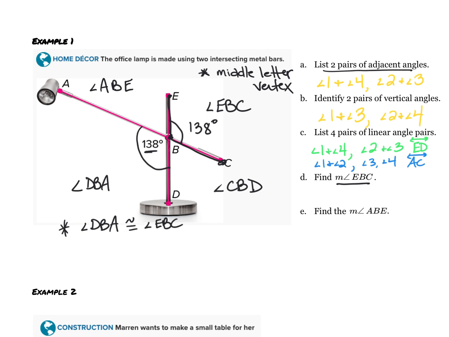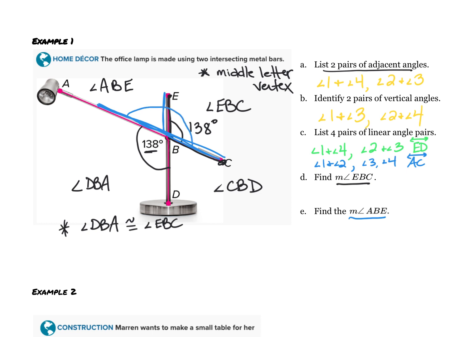Now next, it asks us for the measure of angle ABE. So remember, angle ABE is here, okay? And I already know that AC is a line, okay?